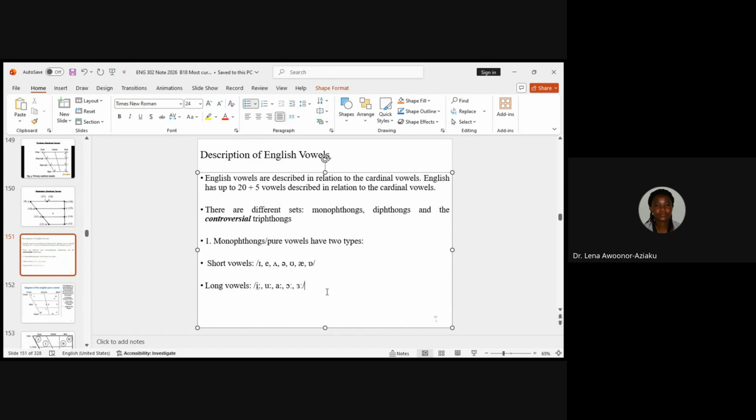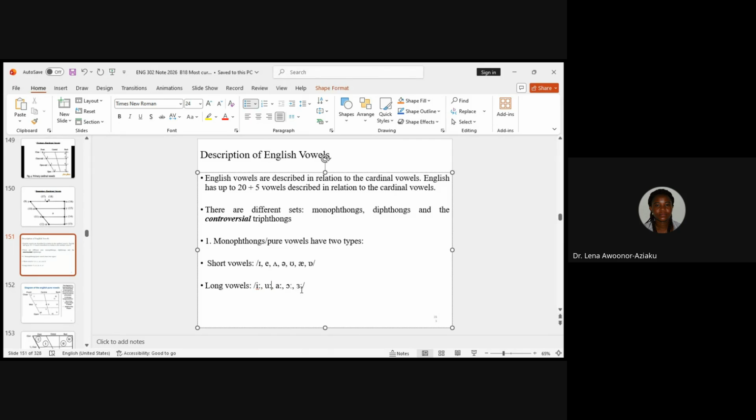Anytime you have E like this, or oo, without the dot, they are so long.